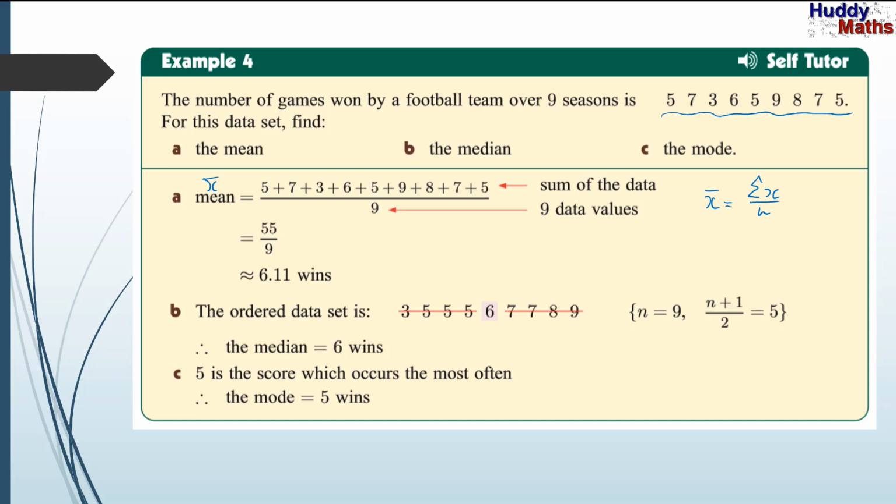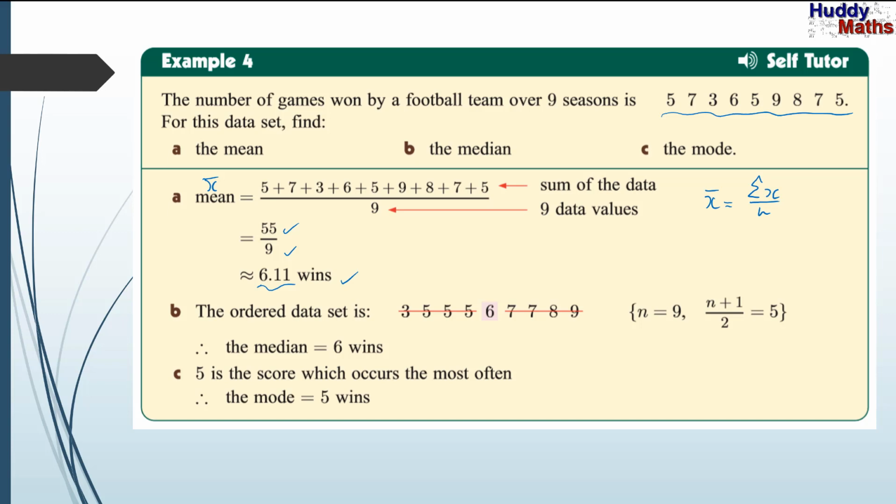So it's going to be 55 over 9, approximately 6.11 wins. In other words, we generally round off to 3 significant figures. So take the first 3 figures, look at the next one. If it's 5 or more, take the last one up, because that would mean that last figure was closer to the next value there.